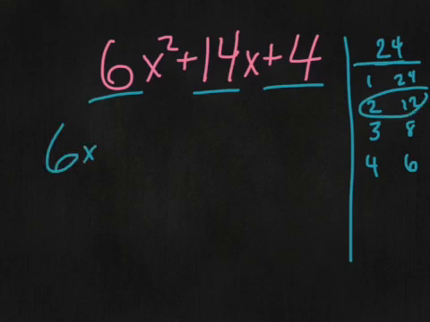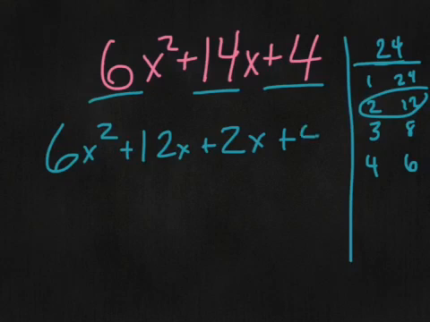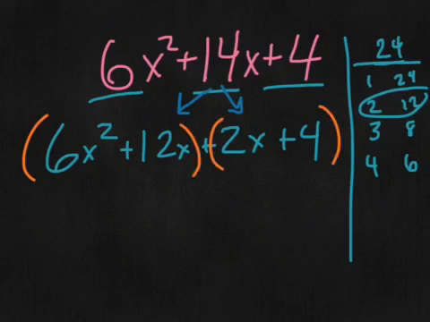So 6x squared plus 14x, plus 12x plus 2x plus 4. And this is the same thing. Again, all we have done is break this 14x back into two terms so that we can group it together and factor out.